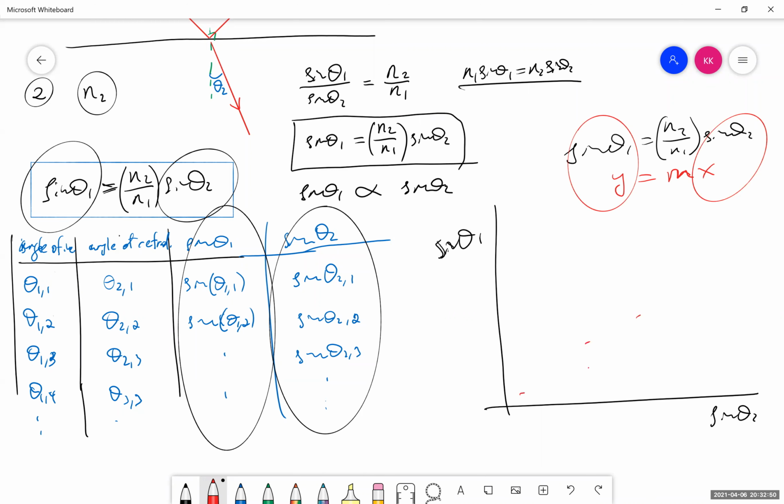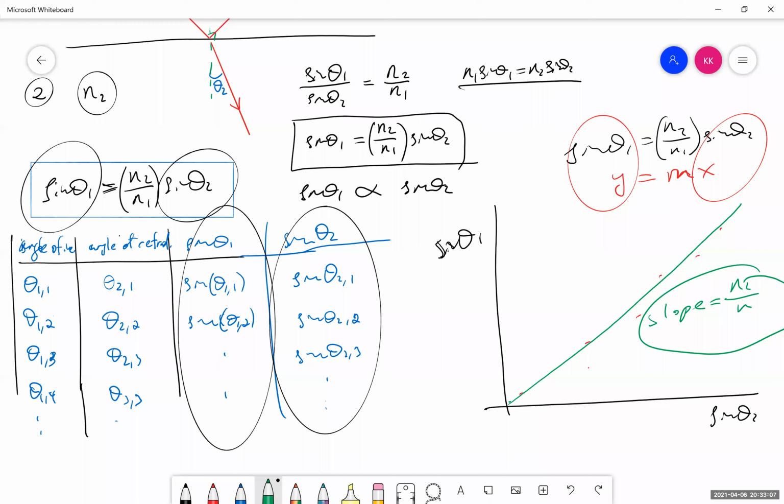Then if I take those data points and find the best fit line, using the curve fit, I can see that the slope of this graph equals n2 over n1. That means I can use this to get the ratio of n2 over n1.